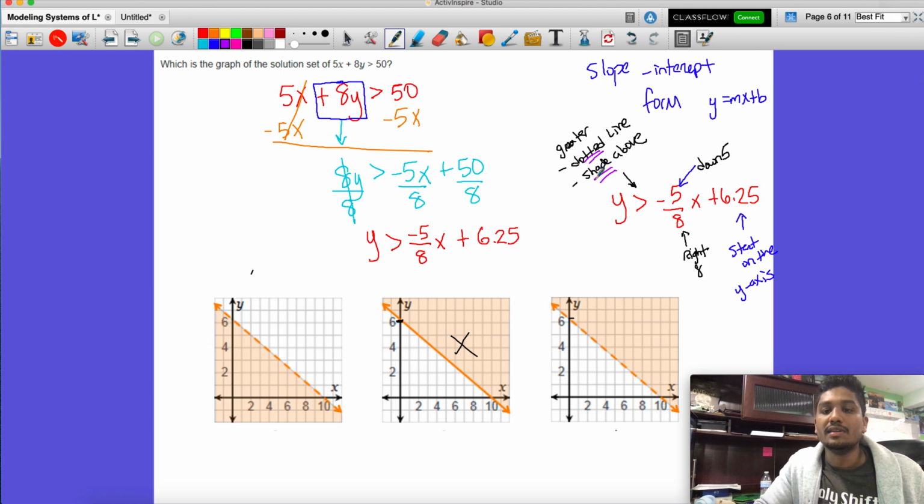And now if we're going downwards, shading above means if I put my little man on the left hand side and he's walking down the stairs, where would his above be? If he's going down the stairs, this would be his below, and this would be his above. So this is the correct one. All right, and that's how you choose the graph of an inequality, just by breaking everything down and seeing what would match.